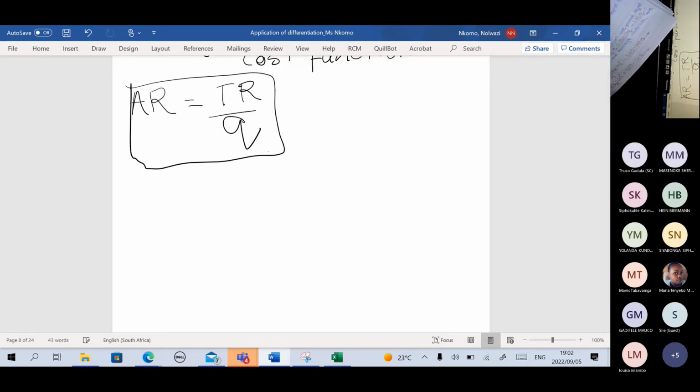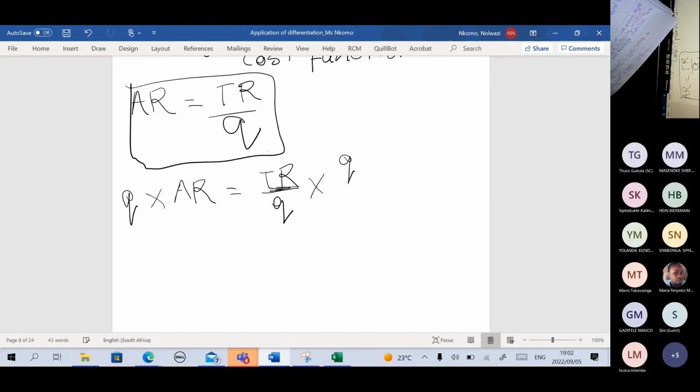We have average revenue is equal to total revenue over Q. And here we want to make the total revenue the subject of the formula, meaning we want to be left with the total revenue on one side only. To cancel the Q, we can multiply with Q on both sides, right?